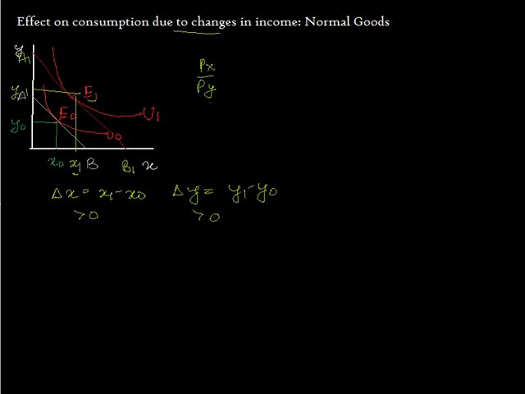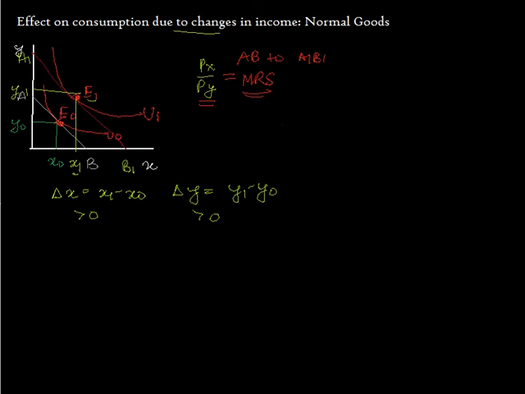So if Px by Py is constant as you move from AB to A1 B1, and you know that equilibrium is defined at the point where the price ratio is equal to MRS, then if this is constant, MRS also needs to be the same, in case the budget line is moving out parallelly, and they will move out parallelly when income is increasing. Therefore MRS is the same at both of these points, E0 and E1.